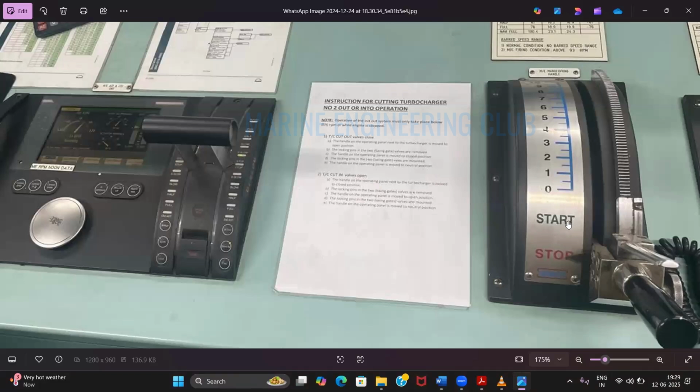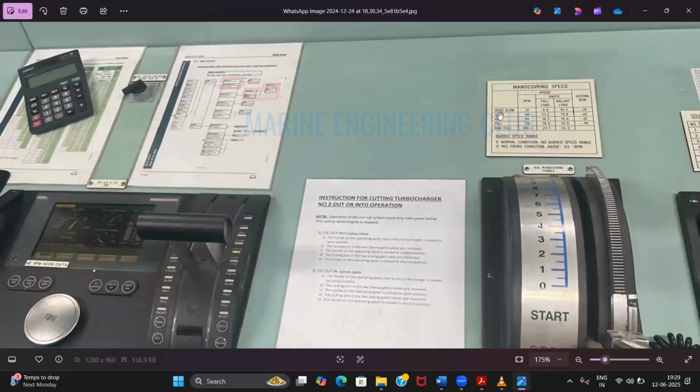As soon as you have achieved the cranking RPM, you will put this lever onto 1 or 2 or whatever you want. That will be according to RPM. You can see on top it is written over here, for dead slow how much RPM to maintain, and for slow ahead how much RPM to maintain.